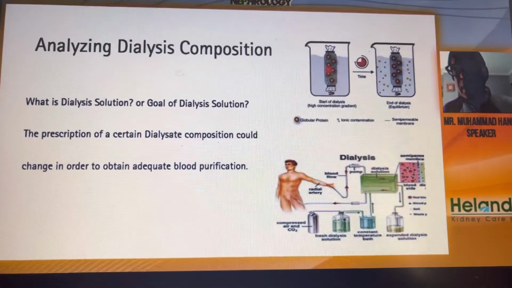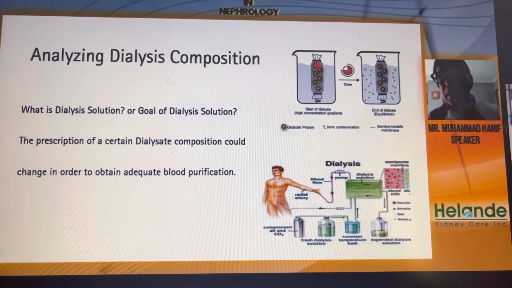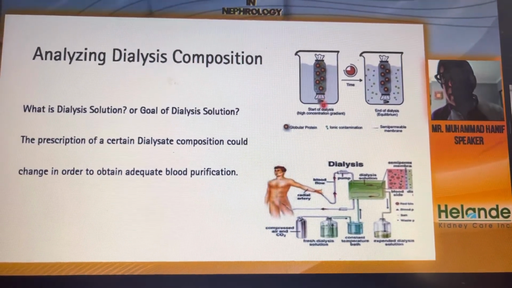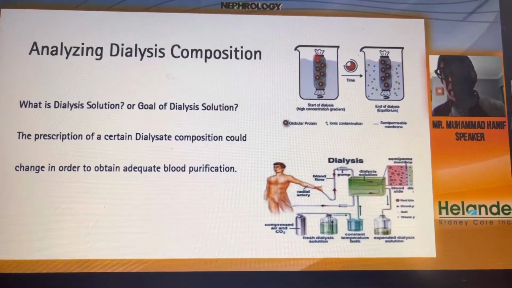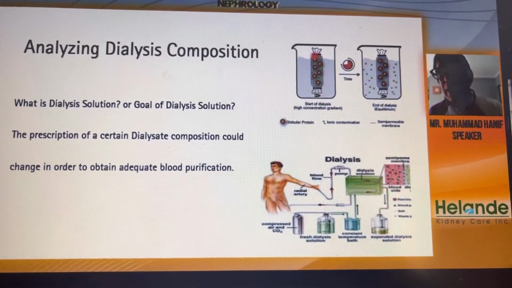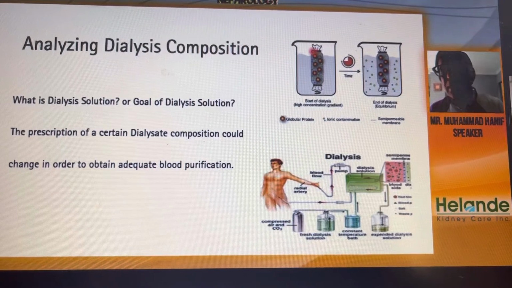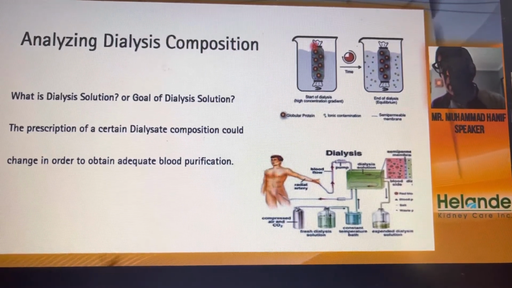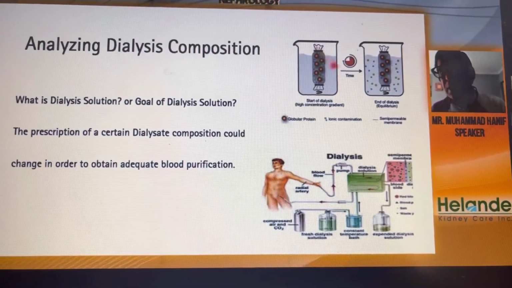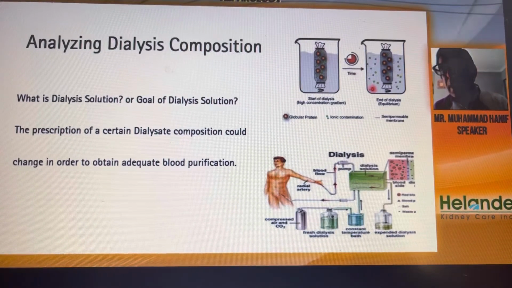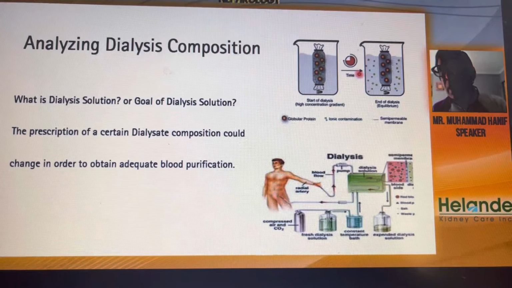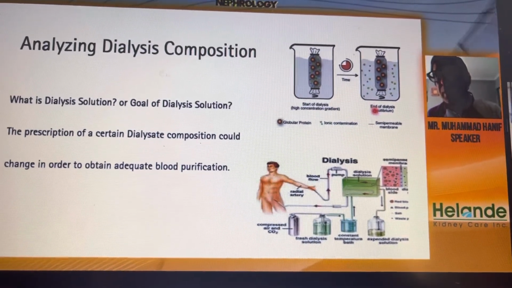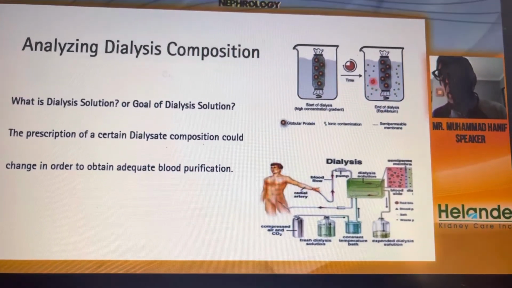And here you can see the fluid. At the start of the dialysis, it's a very high concentration gradient. Slowly and gradually, it goes from the higher concentration to the lower concentration, and at the end of the dialysis we call it equilibrium, meaning everything will be equal already.